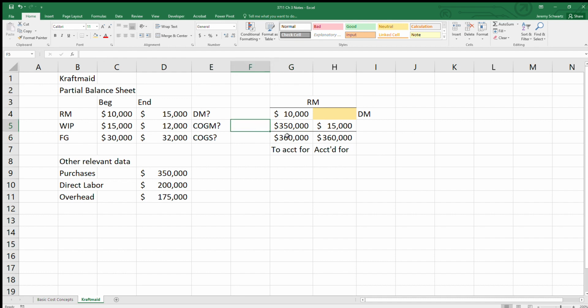So this is our purchases. So let me put that in here as well. So that means our direct materials amount must be what we needed to account for minus the ending balance. So 345,000 will be what we move out of raw materials and into work in process.